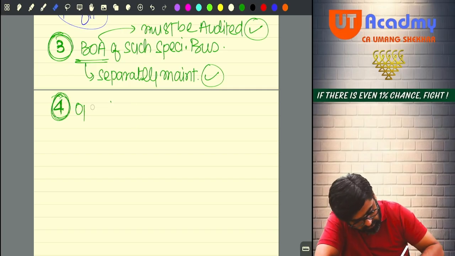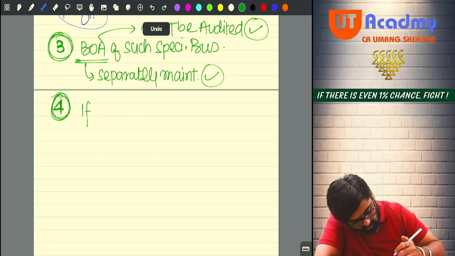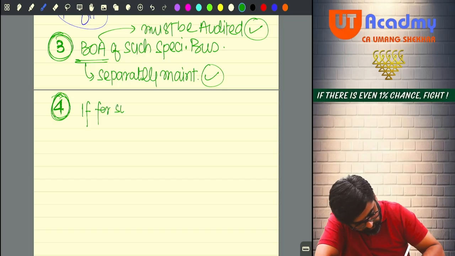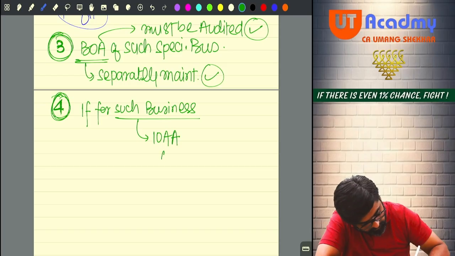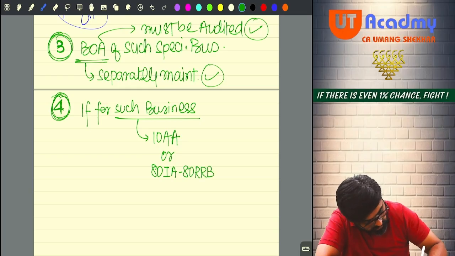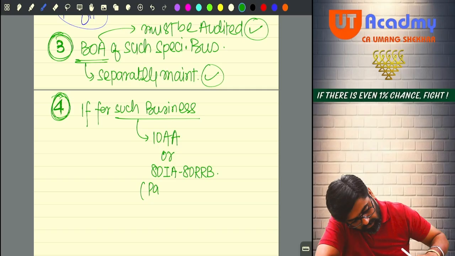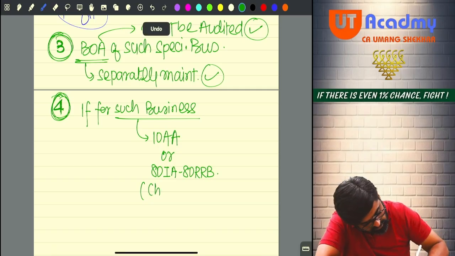Wait, before that, I'll write: if for such business, 10AA or 80IA to 80RRB, these are known as Chapter 6A, Part C deductions.